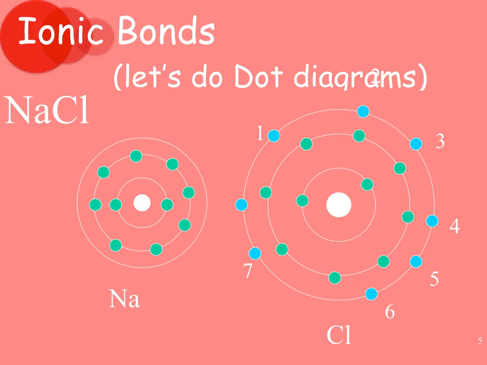All right, so that took a little longer than I thought. So sodium gave up the one electron and now chlorine has 8 electrons and sodium is missing one. So it has a positive 1 charge because it has fewer electrons than protons. Chlorine has a negative 1 charge. It has more electrons than protons.